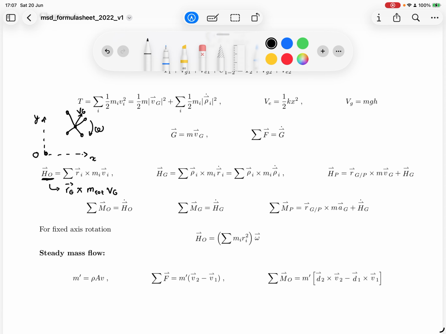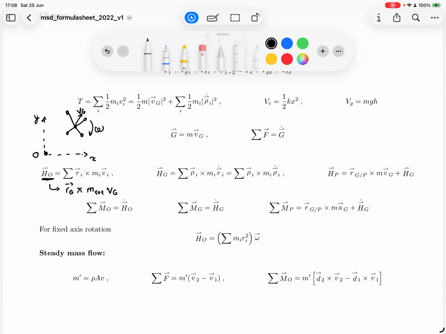And then if you're taking the angular momentum about the center of mass of the particle, or the system rather, then everything is going to be relative to that, right? It's going to be relative to G, right?